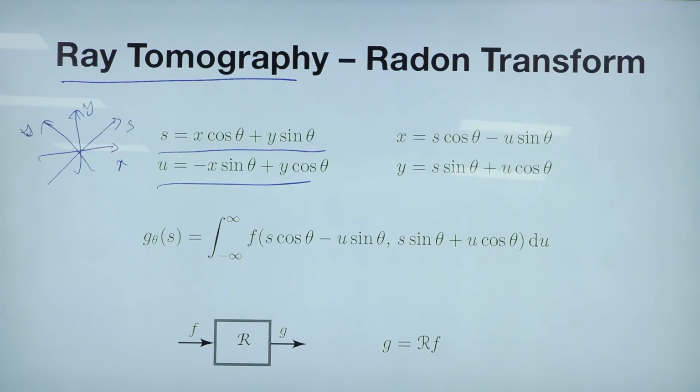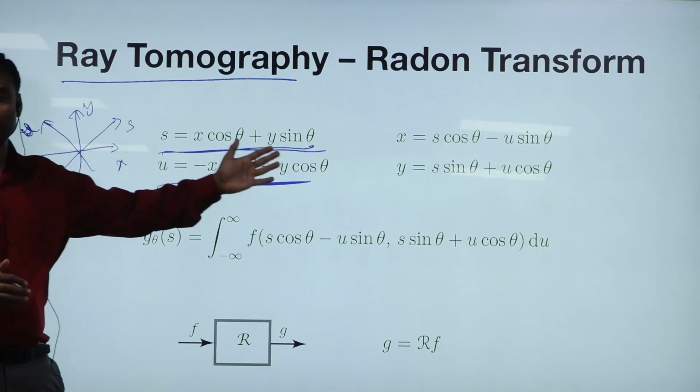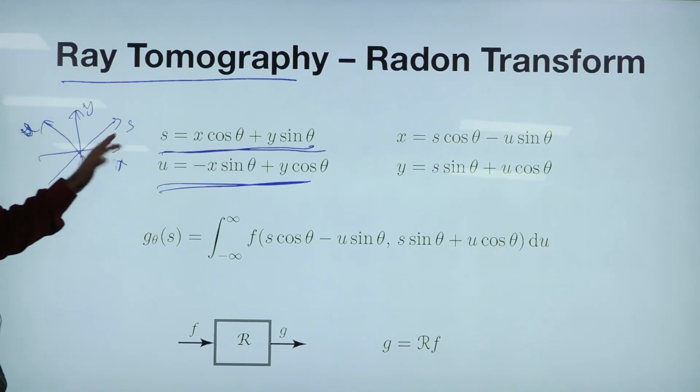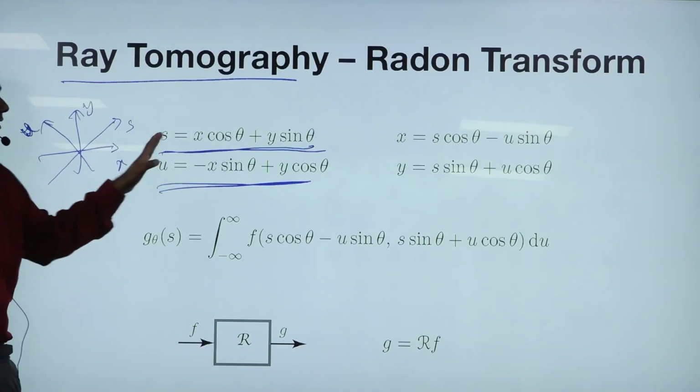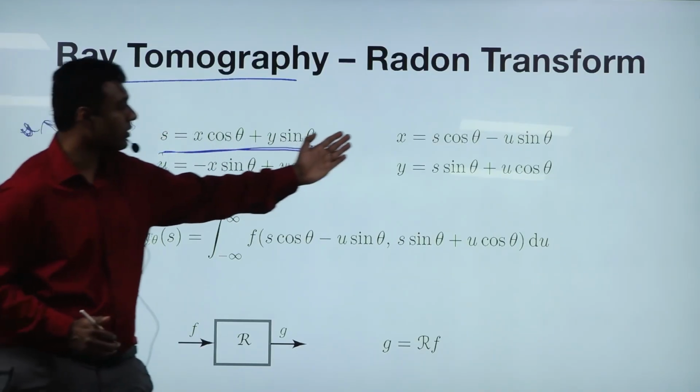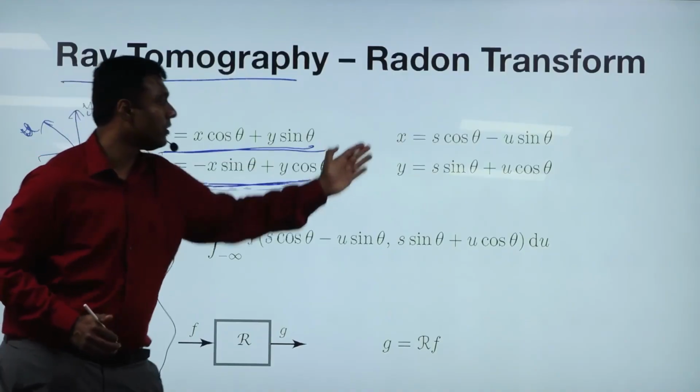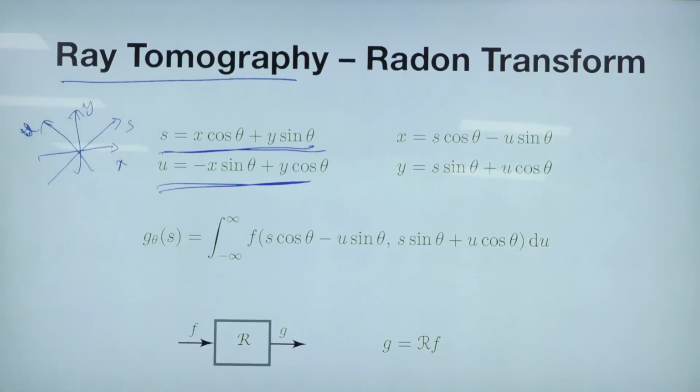You can rotate the axis of coordinates, and this is the transformation from one axis of coordinates to another, right? So you can go from xy to su, or from su to xy. I'm sure most of you here know how to do this kind of coordinate geometry transformation.